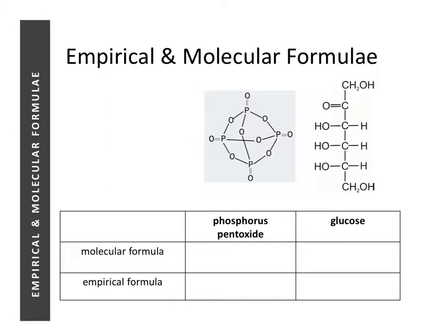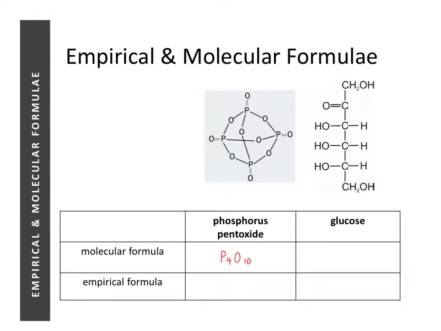How do we obtain the molecular formula? To get the molecular formula of a compound or a molecule, we simply need to count the total number of atoms of each element in that molecule. Alright, so if you were to count the number of phosphorus and oxygen atoms in phosphorus pentoxide, the molecular formula will be P4O10.